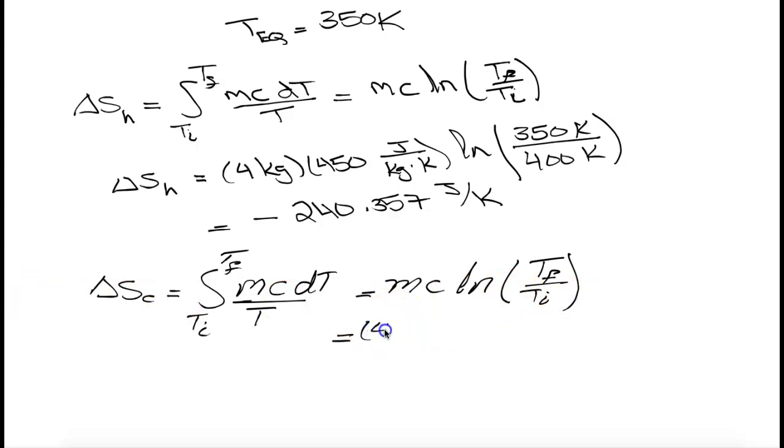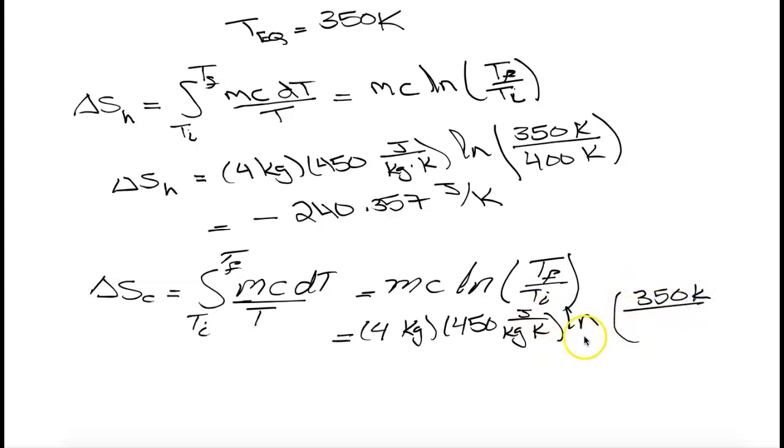So this is again 4 kilograms, still 450 joules per kilogram Kelvin, times the natural log of 350, the thermal equilibrium T final, over T initial cold, which was 300 kelvins.